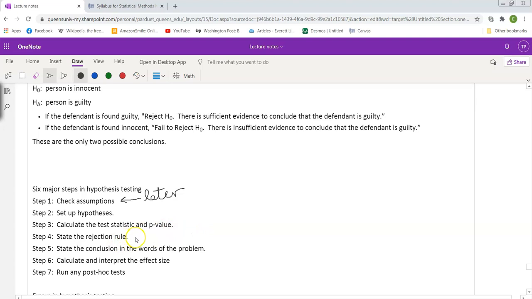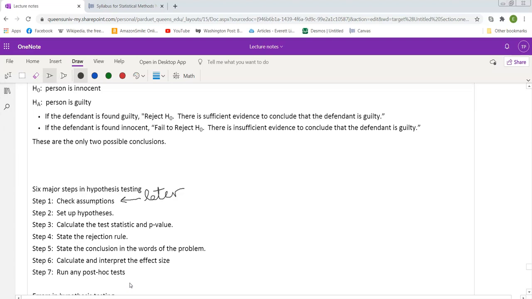The rejection rule is essentially, I've watched too many court things on TV and you can tell this, I'm sure. But in different venues, different types of cases, they'll have different standards of evidence. So by preponderance of the evidence is one of them, where it's more likely than not.